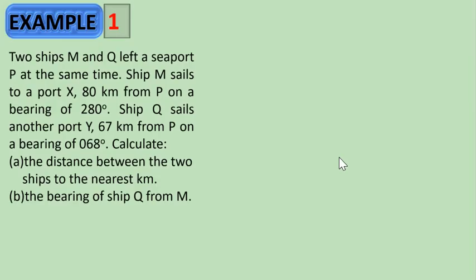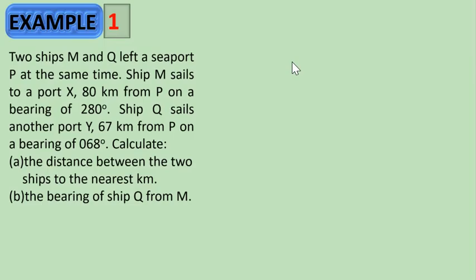Ship Q sails to another port Y, 67 kilometers from P on a bearing of 068 degrees. Calculate A, the distance between the two ships to the nearest kilometer. B, the bearing of ship Q from M.